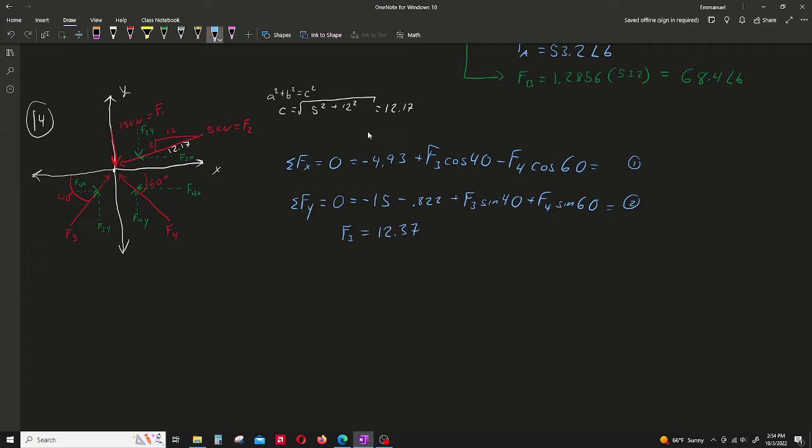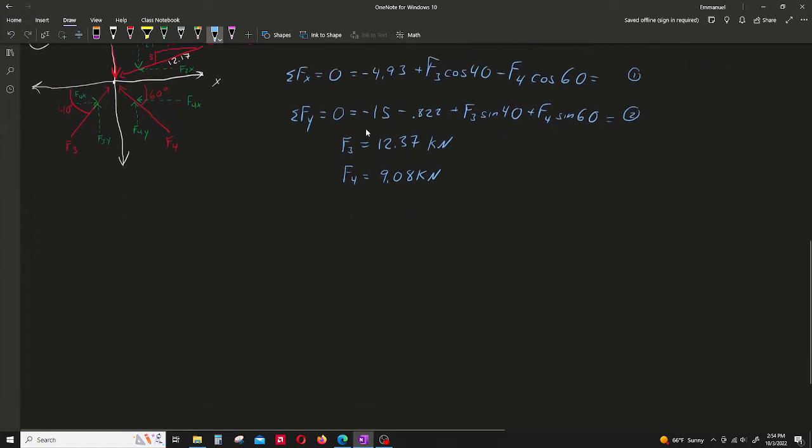And then once you solve for F3 in one equation, you can bring that back into the other equation and solve for F4, which we get 9.08 kilonewtons. This portion is just mainly math, solving two equations with two unknowns. If you need some help with that, please do let me know so we can run through a couple of problems like that. But essentially these are fairly straightforward.